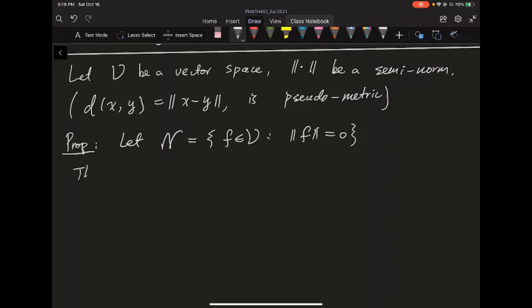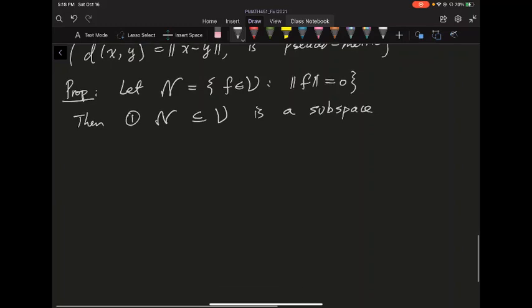Then I have the following. First of all, this n is a linear space, so it's a linear subspace of V. And whenever you have a linear subspace, you can define the quotient vector space.